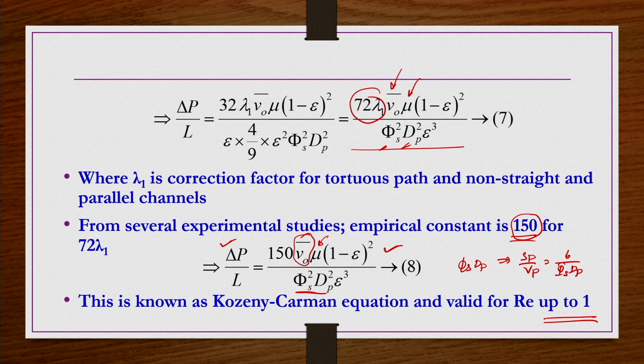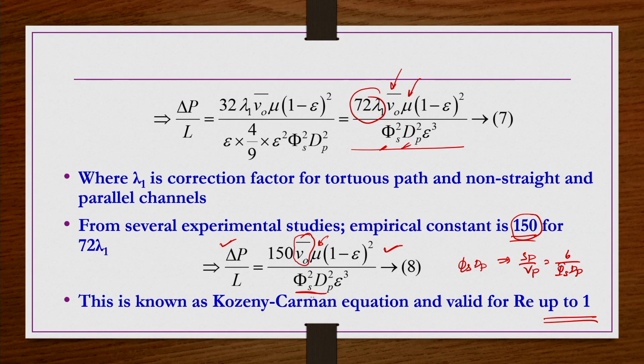Only for the particles for which you want to find the Sp by Vp ratio, which is not possible or very difficult to find using other conventional ways because of inherent difficulties, you use those irregular small particles as packing material, form a packed bed, and find the pressure drop experimentally.